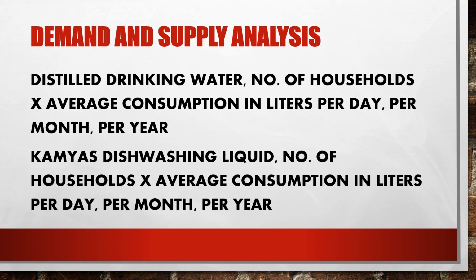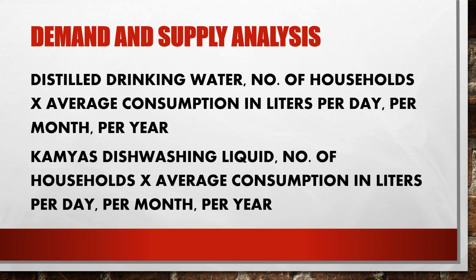I have here a few examples on how you're going to determine the demand for a particular product. If your product, let us say, is distilled drinking water, you have to determine the number of liters consumed per year. We always use per year when we determine demand and supply. So you'll start with the number of households.